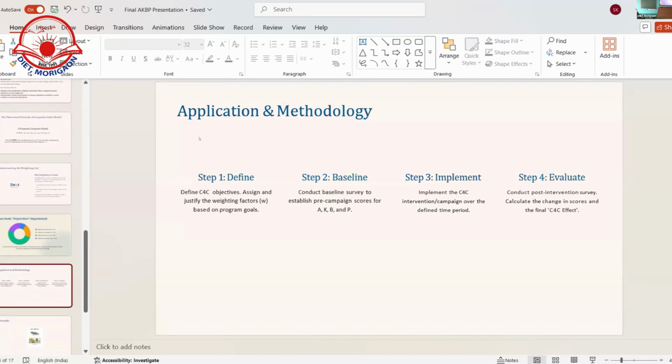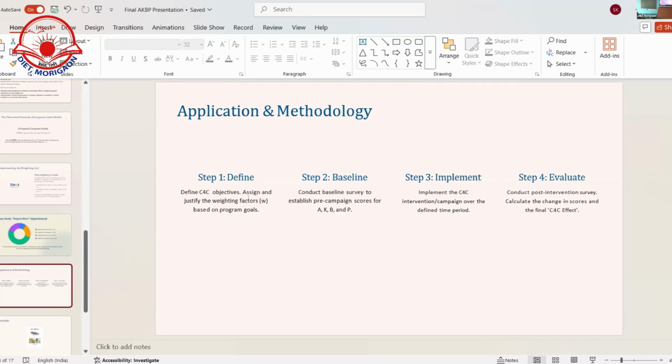Now, application and methodology. If we talk about the application and methodology, then we have to define the C4C objectives first, as we have to assign and justify the weighting factors. Why we have to put a particular value for a particular indicator.